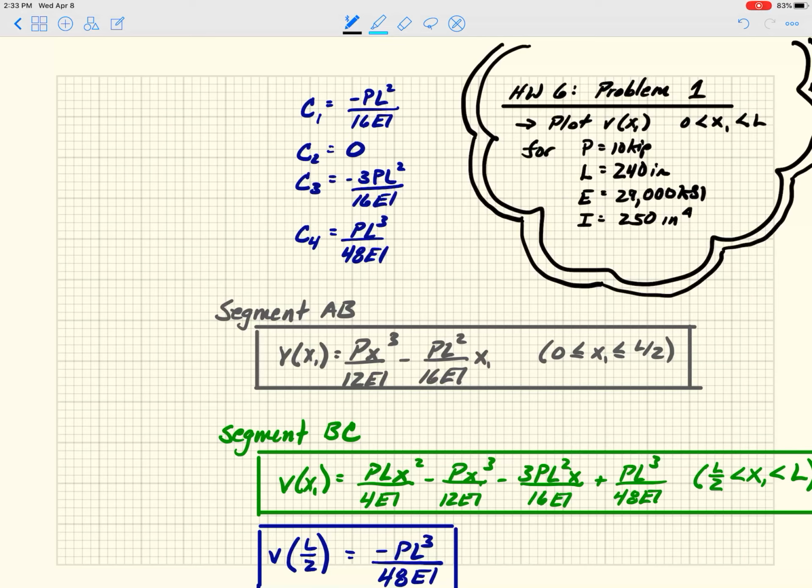So P is 10, L is 240 inches, E is 29,000 ksi, and I is 250 inches to the 4th. You should be able to plot this in Excel, and you should be able to show that at L over 2, at L equals 120 inches, the displacement and slope for segment AB are exactly the same as the displacement and slope for segment BC.